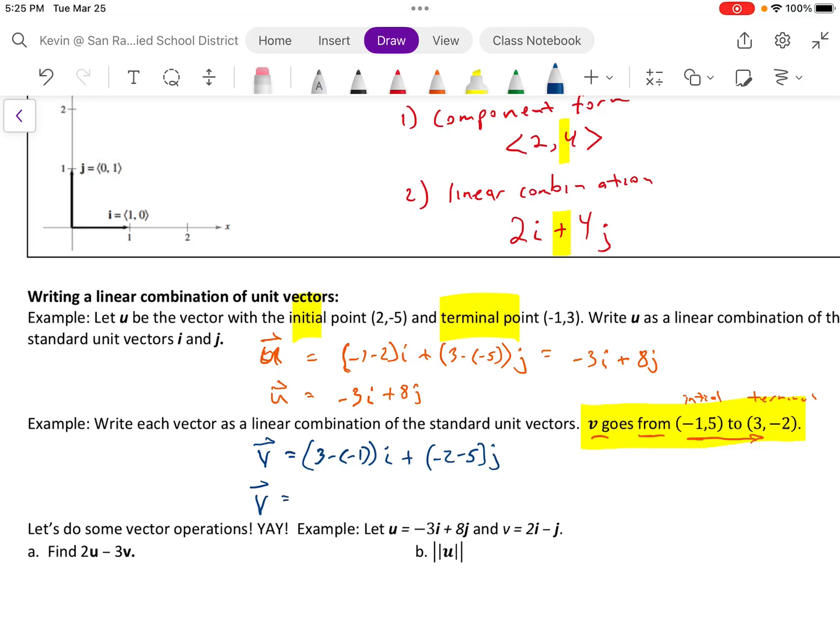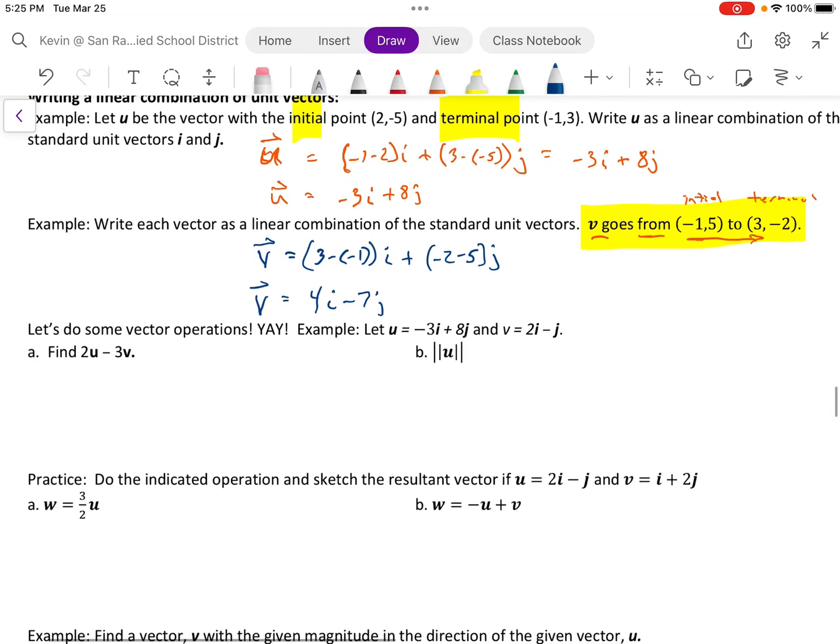So if we do our math, 3 minus -1, which is 3 plus 1, is 4i. Now here we have -2 minus 5, which is -7, so this would be -7j. All right, basic math, folks, basic math.